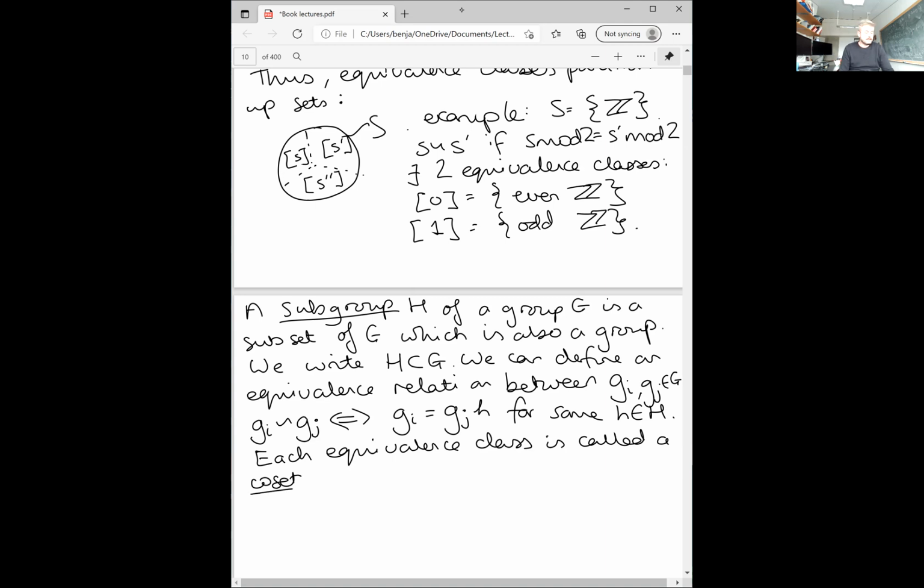And it has the same number of elements as big H. So remember, in a finite group, at least, the number of elements is the order.